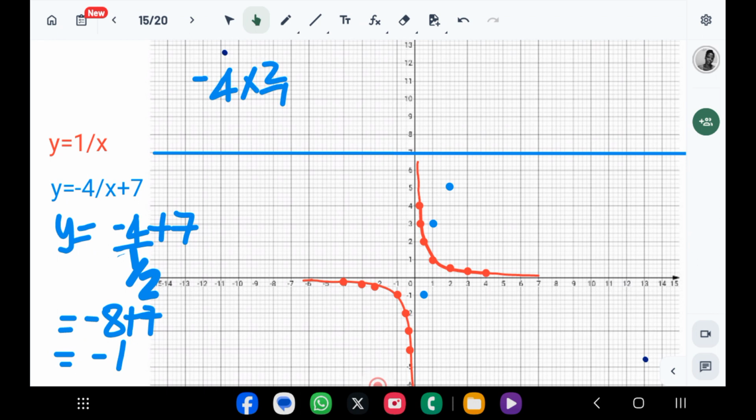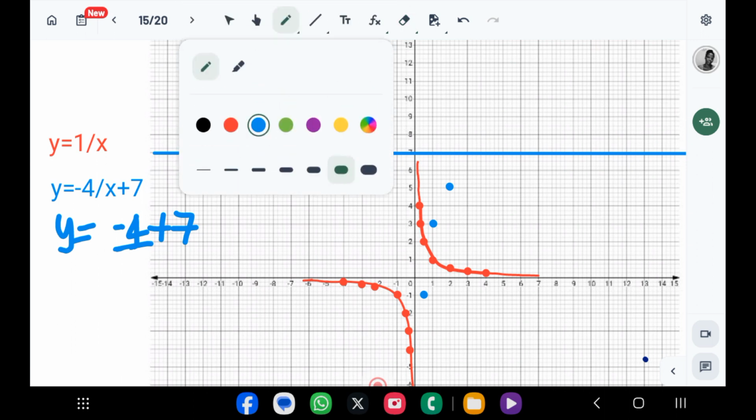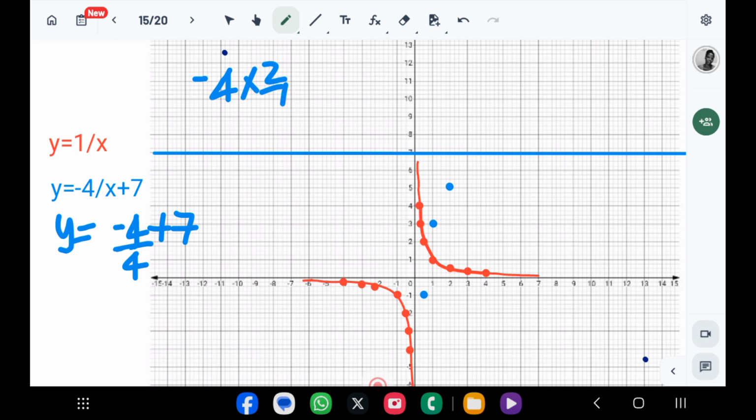When x equals to 4, let's do that one. When x equals to 4, we've got -1 plus 7, which is equals to 6.